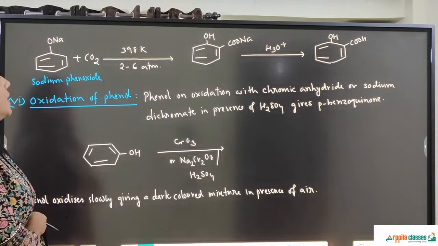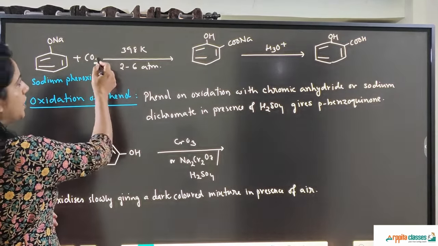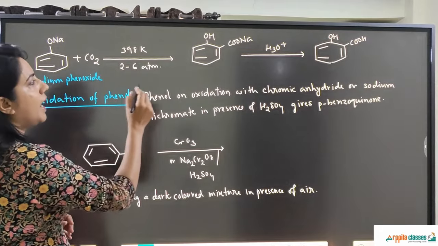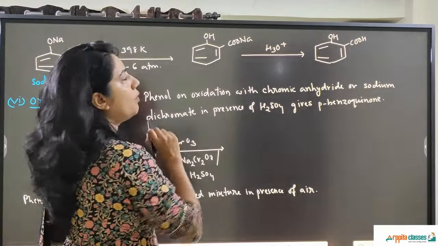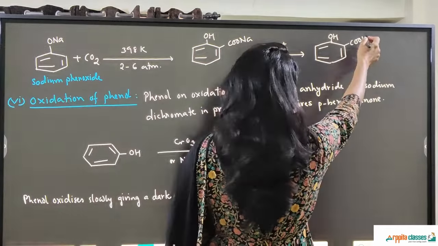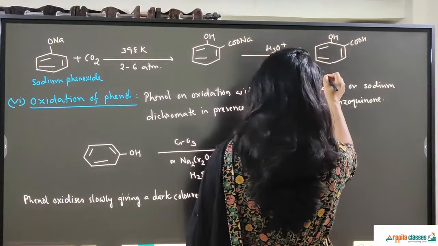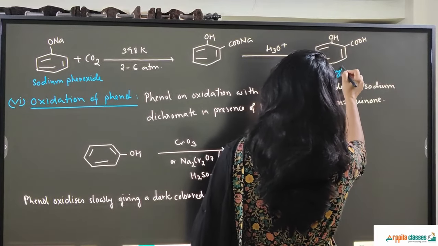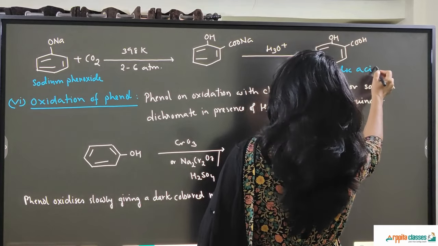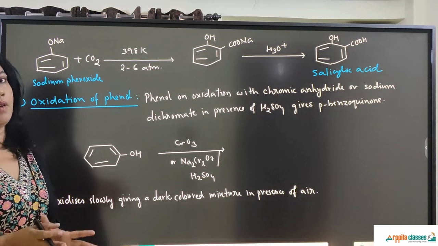You can see there is a rearrangement also, and Na comes in the next position. So you get COONa and OH. This is a sodium salt, and then acidic hydrolysis will convert this COONa into COOH, which is called salicylic acid. So these two reactions you have to prepare very well.